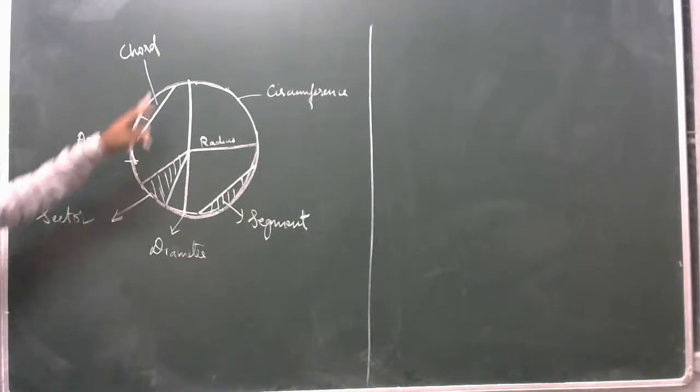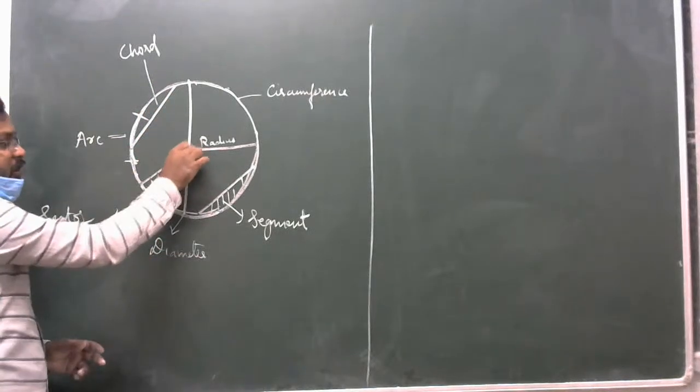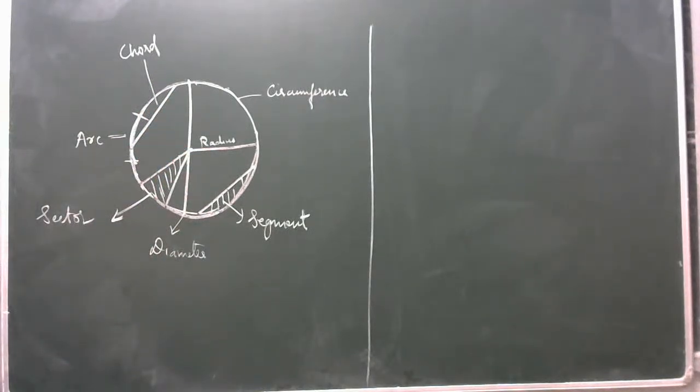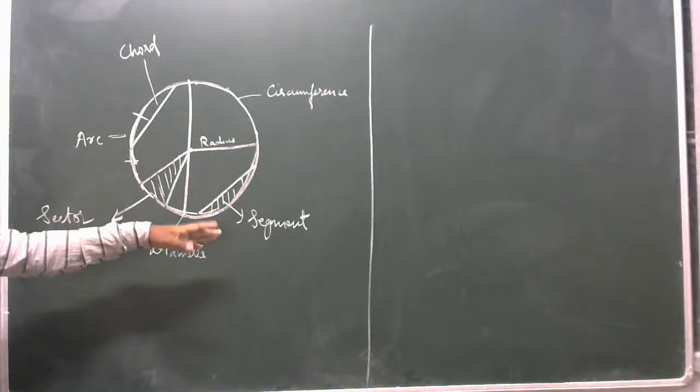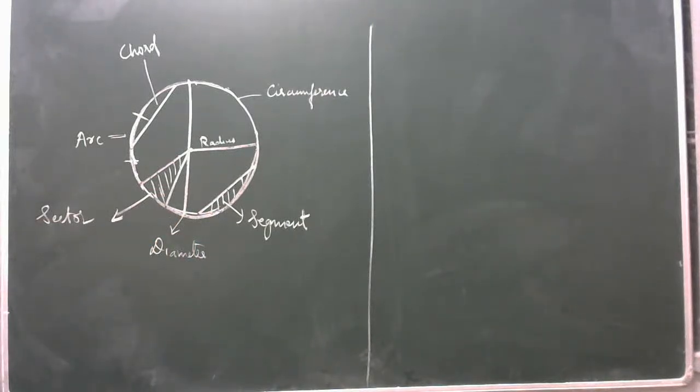And if this chord is passing through the center, then it will become the diameter. So diameter is the longest chord of a circle. So these are some of the parts: chord, center of the circle, radius, circumference, diameter, sector, segment.